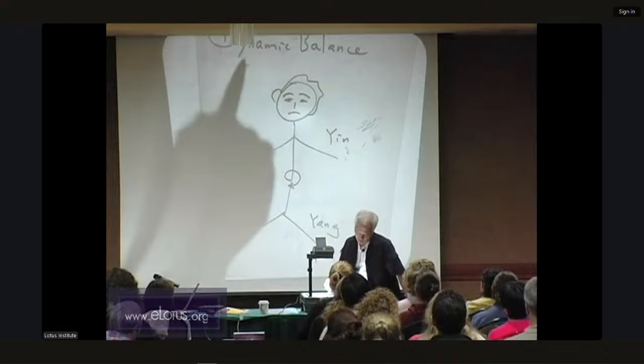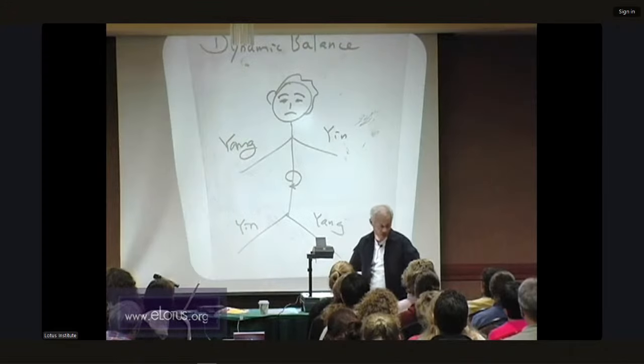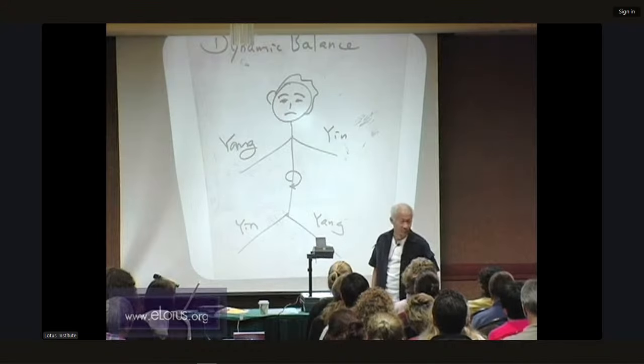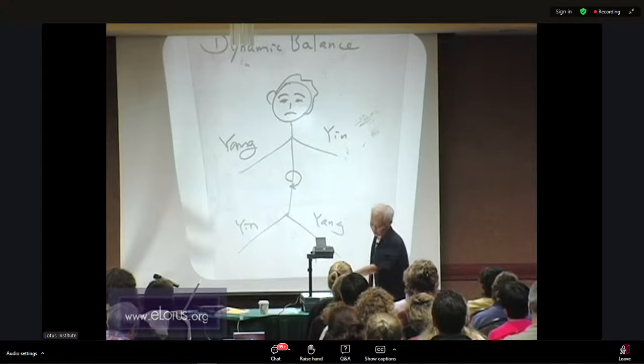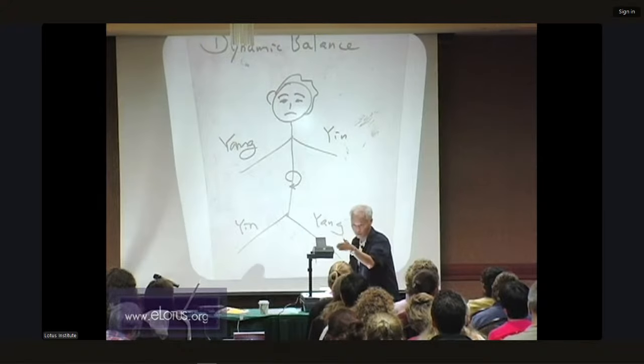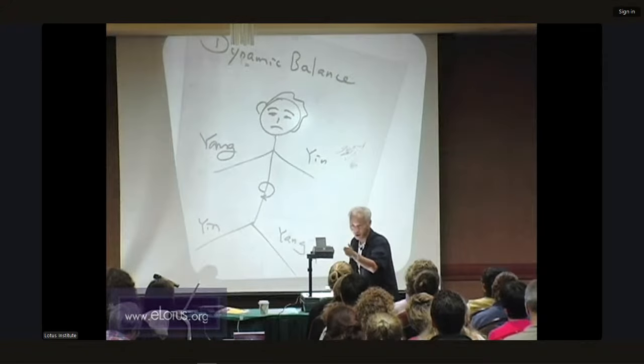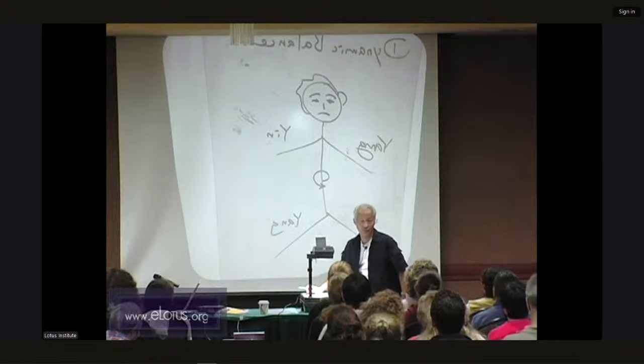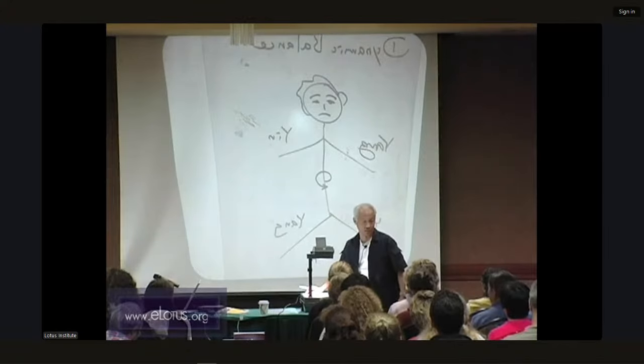That's why we call it dynamic balance. Just like you ride a bicycle, when the bicycle stops, there's no dynamic anymore, the bicycle will fall. But if the bicycle keeps on going, rolling, then there will be dynamic balance. You will maintain the balance, you won't fall. And you can do this too, you see that? That's what we mean by dynamic balance.